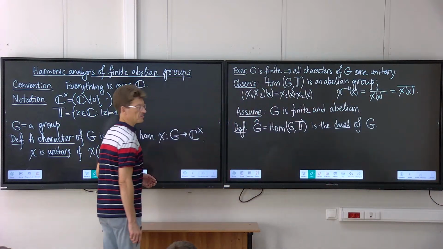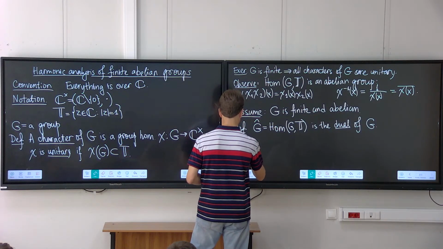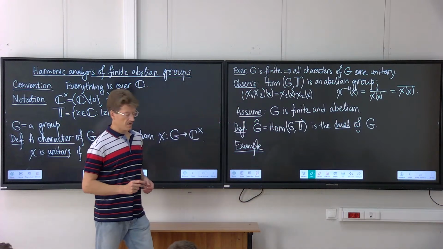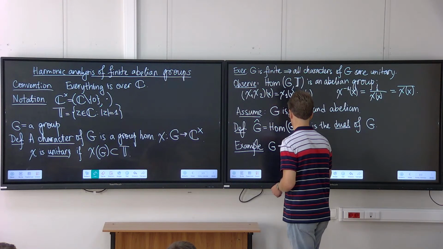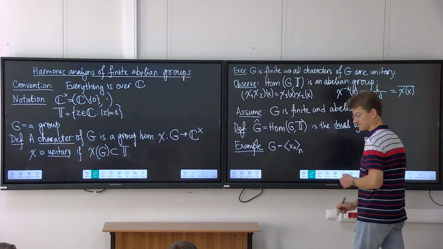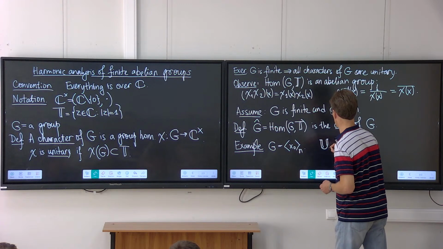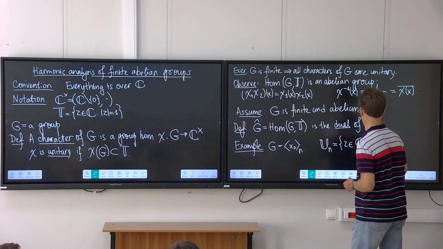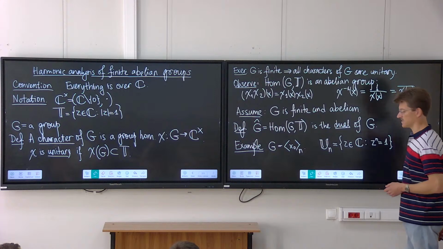Well, let's look at some concrete examples. Suppose that G is a finite cyclic group generated by an element x0 of order n. Let's denote by U_n the group of nth roots of unity. This is a subgroup of the circle.